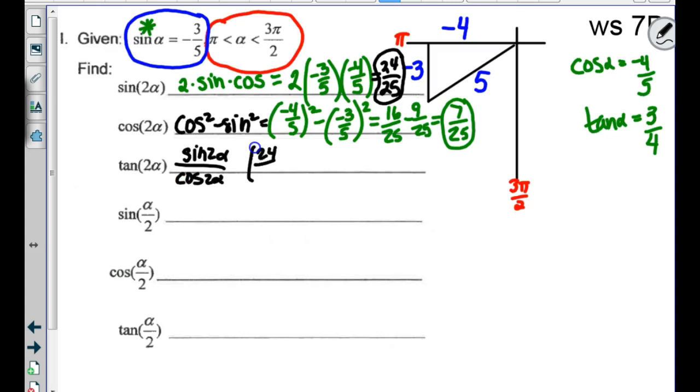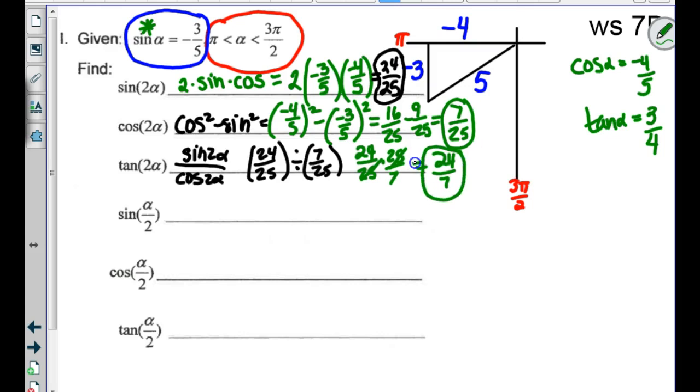It's 24 25ths divided by 7 25ths, which would be 24 25ths times 25 over 7. These are going to cancel and we just get 24 over 7. Now, I know these numbers are like the ones we did earlier, but that's because there aren't very many nice triangles, so we use 3, 4, 5 a lot.